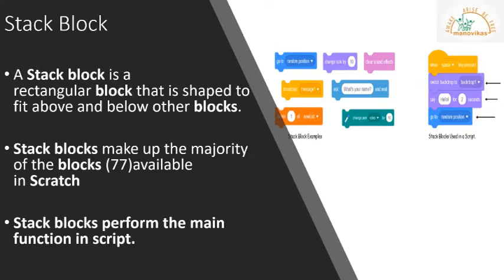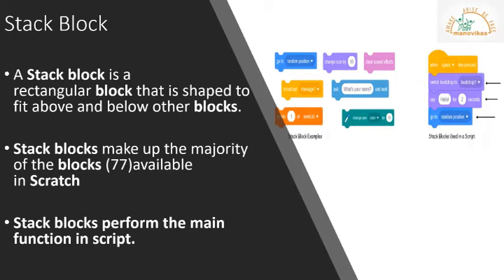Next block is the stack blocks. As the name suggests, stack, we can stack blocks above or below this block, unlike the hat block. If you look at the hat block, we cannot put any block above a hat block.